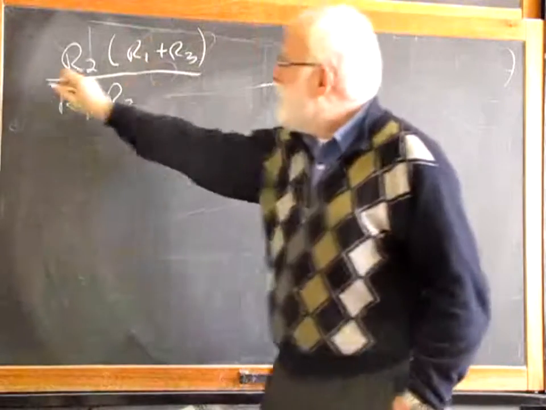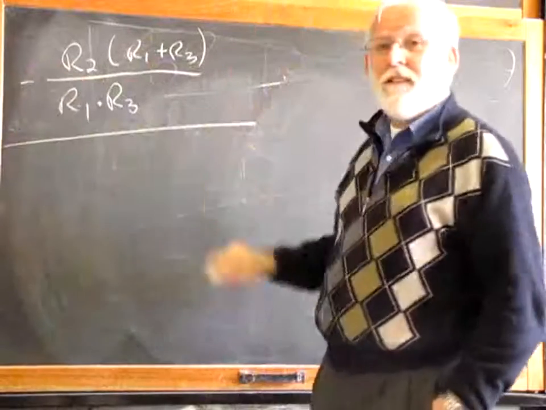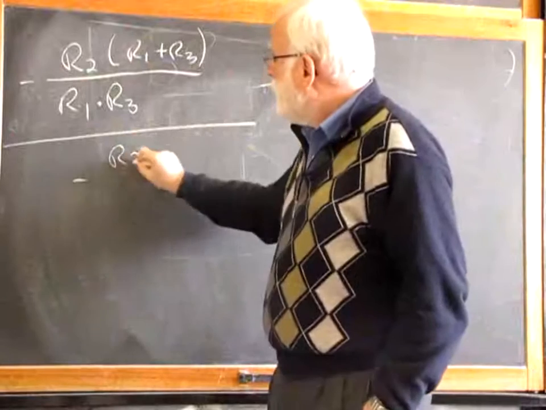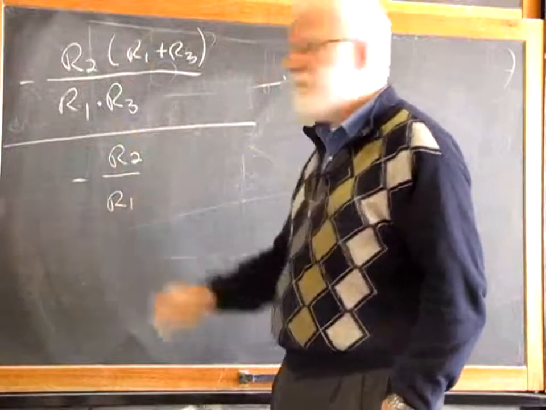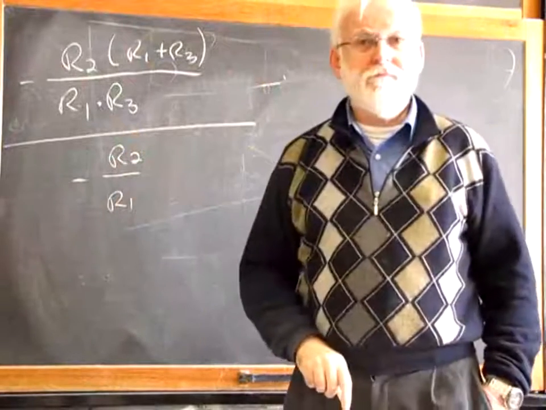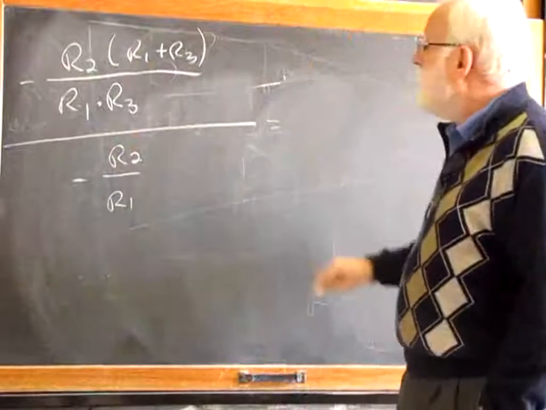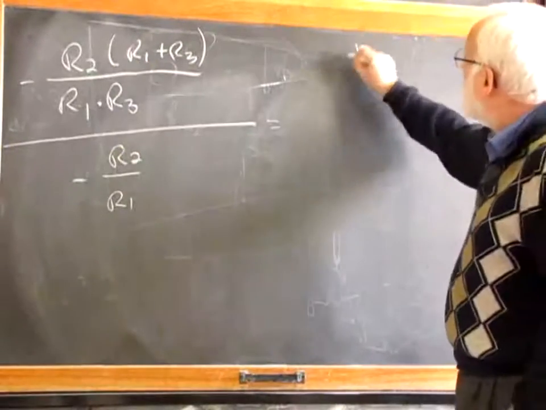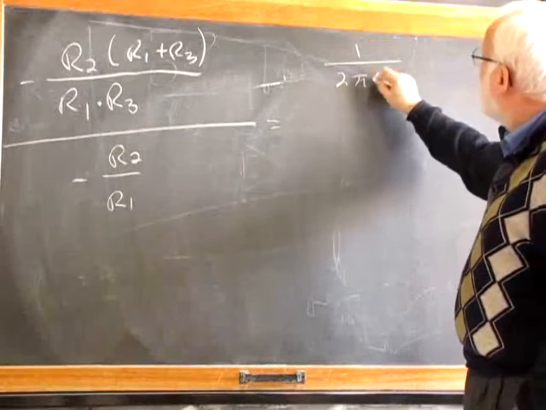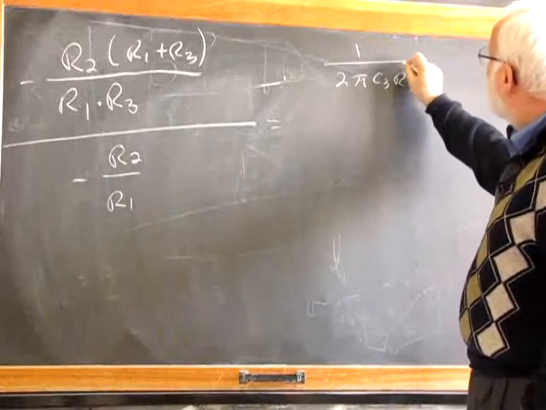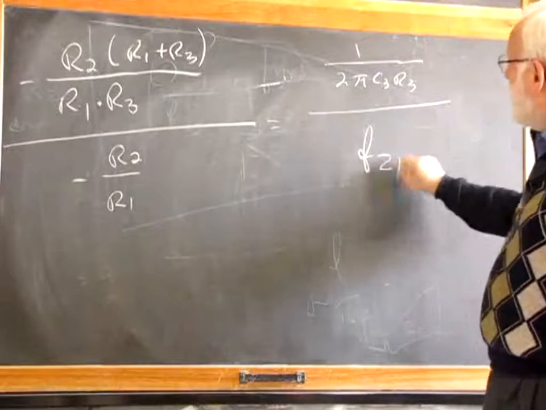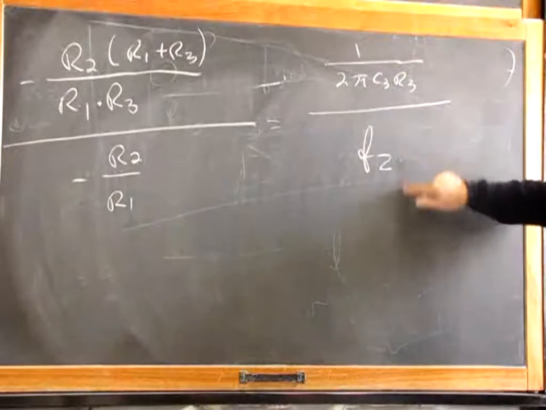High gain divided by low gain is negative R2 over R1, equal to, we said, high frequency 1 over 2 pi C3 R3 divided by F0.